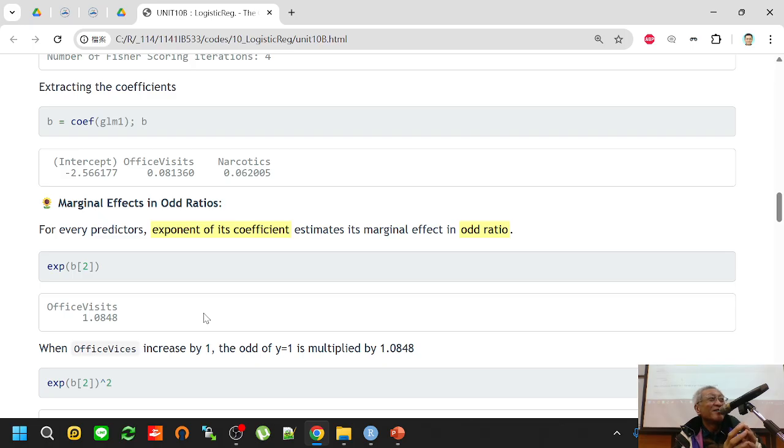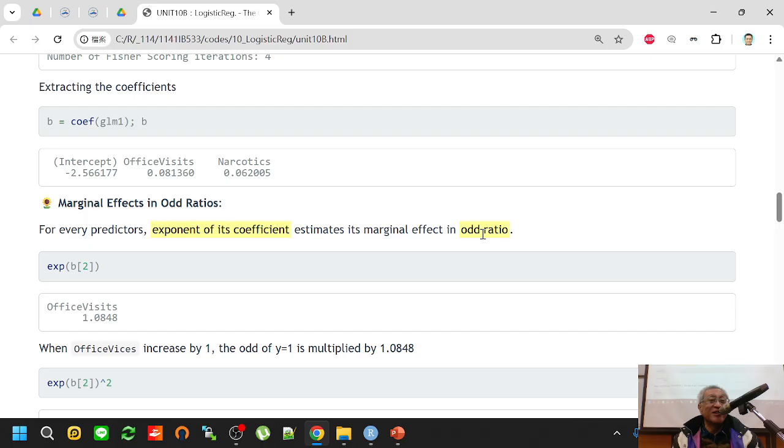Okay? There are two differences, right? It's no longer incremental, it's multiplication. And the second thing is that it did not multiply to y itself. It multiplied to the odds of y equal to 1. Okay?